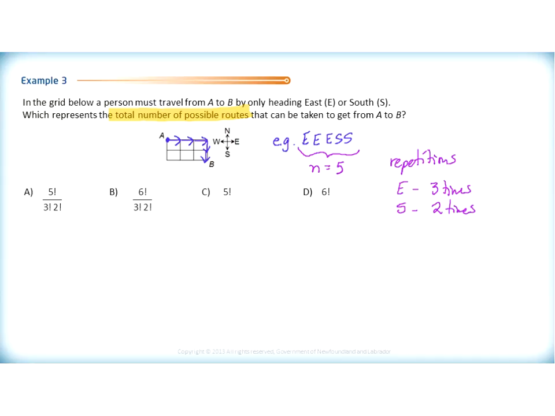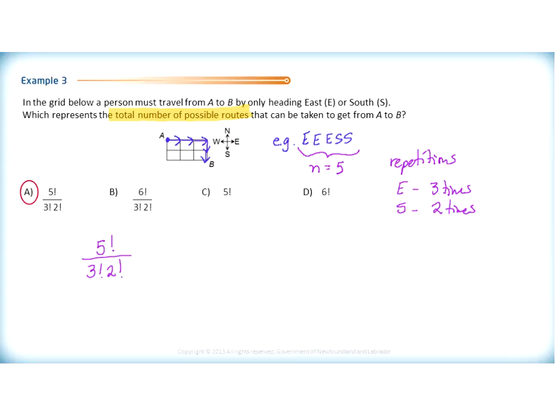So we can calculate the number of permutations possible by taking 5 factorial and dividing it by 3 factorial, 2 factorial. This answer corresponds with A as the multiple choice item.